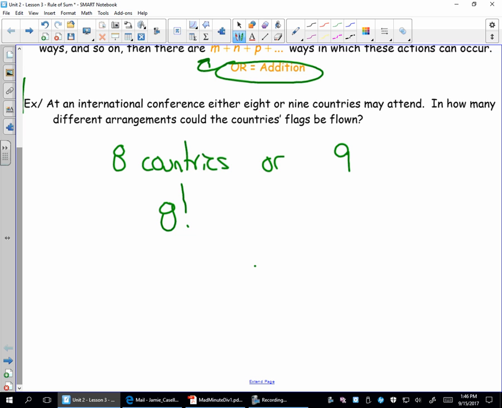But if there's 9 countries, there's 9 factorial. And because it's either one or the other, we're going to have to add them together. The good news is our calculator can handle this. 8 factorial plus 9 factorial comes out to 403,200. Okay, so the word and means multiply. The word or means add.